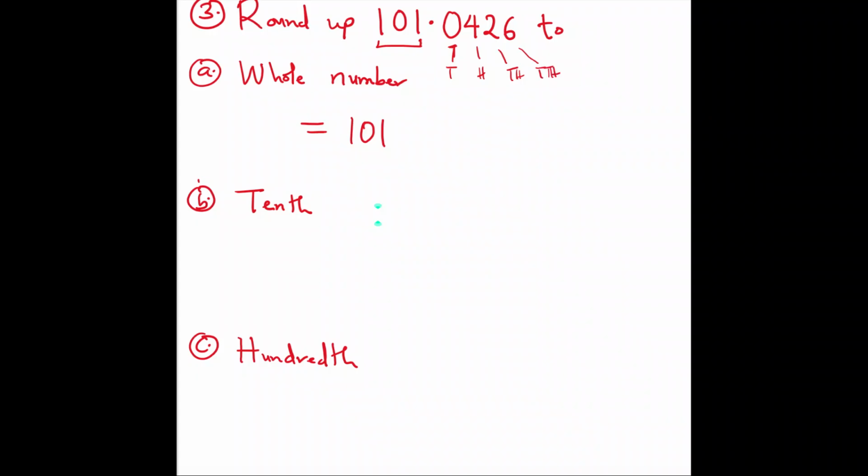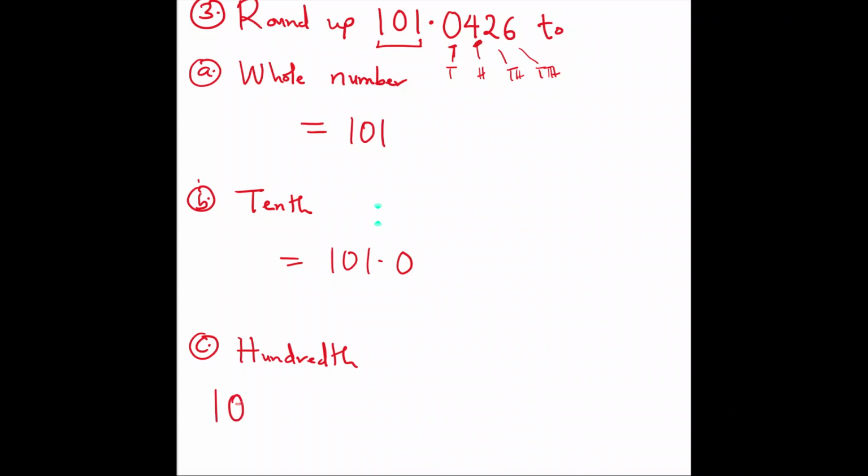Okay, this is ten thousandth. So for the tenth, we have 4 at the back of 0, right? And 4 is less than 5, so we are going to keep the tenth place. So our answer is going to be 101.0.